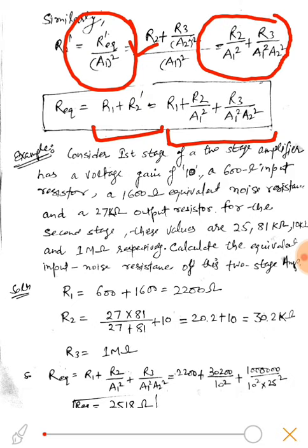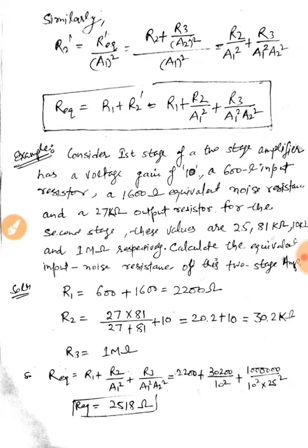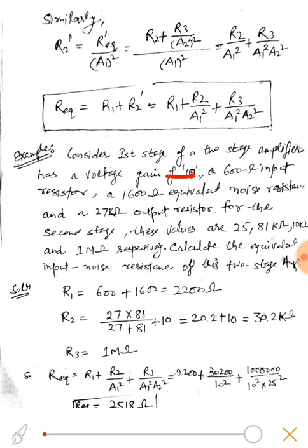Okay, there is an example we are given. First stage of a two-stage amplifier has a voltage gain of 10, a 600 ohm input resistor, a 1600 ohm equivalent noise resistance, and a 27 kilo ohm output resistor.